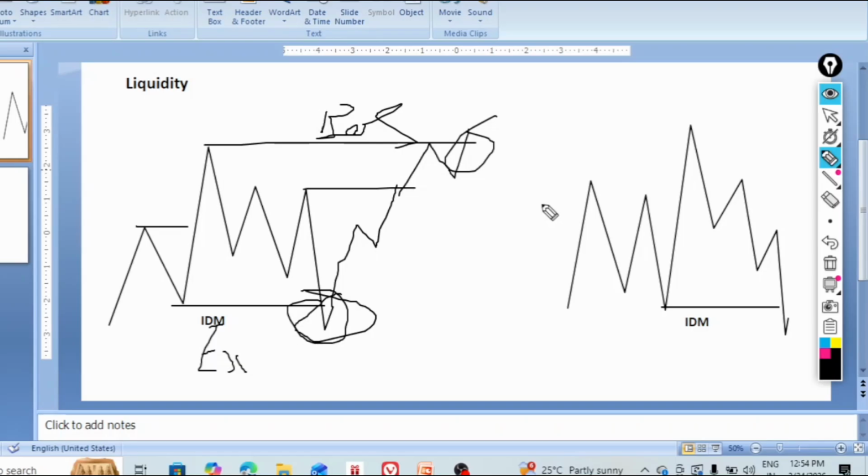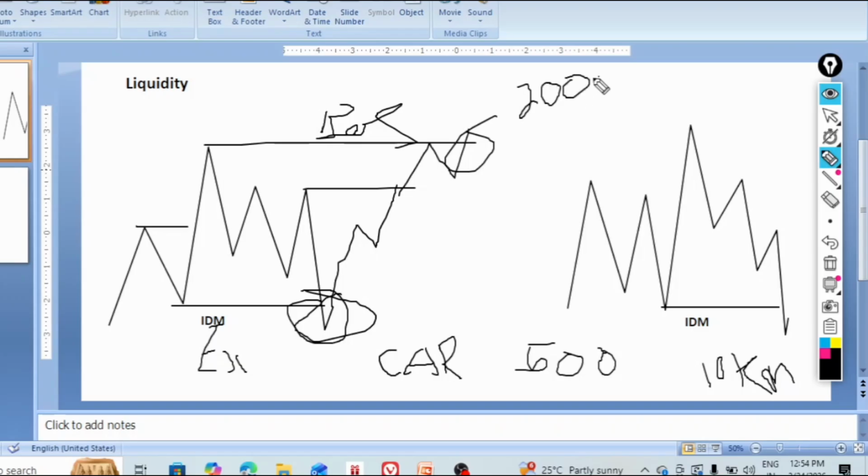So here, for example, suppose you have a car, and you put petrol for 500 rupees, then it will travel around, say, 10 kilometers. But if you put petrol for around 2000 rupees, or dollars, or euros, whatever, then you can travel 20 kilometers, right? It's the same as liquidity.